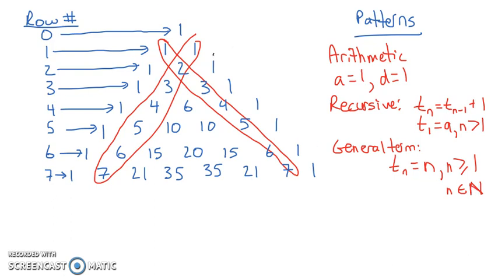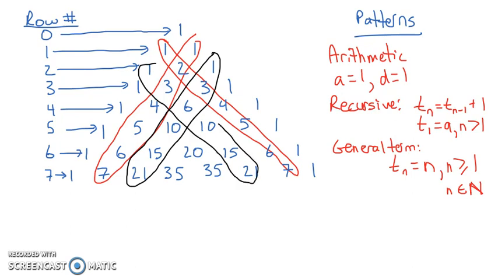The second pattern we can recognize, and it may not be intuitively obvious at first, is this pattern right here, and it's the exact same on this other diagonal. I encourage you for a moment to stop the video, pause the video, and see if you can figure out what the pattern is. We've seen this before, and if you haven't seen this before, you'll recognize this very shortly.